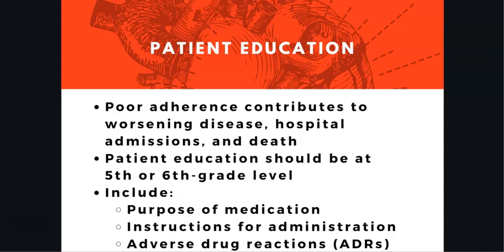Don't go in there prescribing to or educating your patient like they're on the same level as you, and it's not demeaning to them. You just want to make sure they understand. You want them to understand the purpose of the medication and how to take it, so instructions for administration. And you also want them to know what adverse drug reactions, or ADRs, to look for.